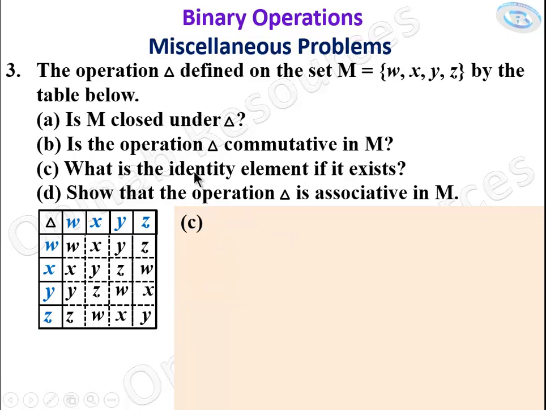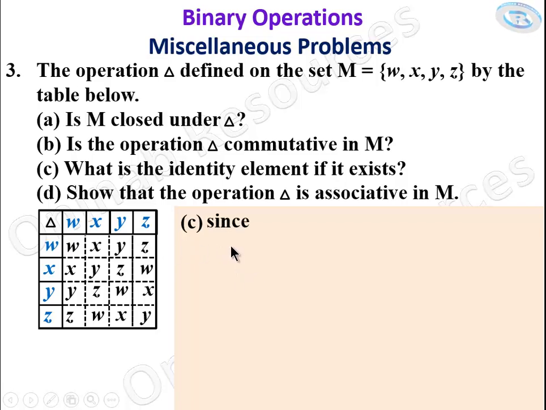For C, what is the identity element if it exists? So to do that, we want to check which element, when operated with another element, will still give the other element. So we start with W. W operation W gives W. W operation X gives X. W operation Y gives Y. And W operation Z gives Z. We now demonstrate it here.